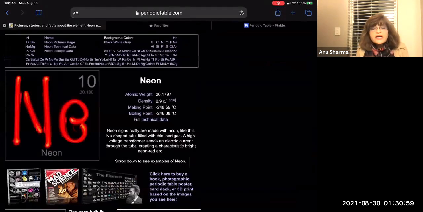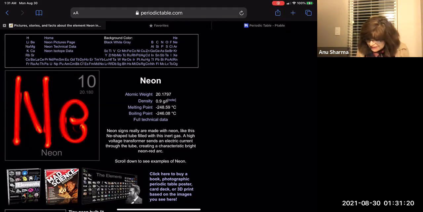Next, let's say, for example, elements like neon. If you pass electrical current through neon gas, it gives you a bright red glow. So this is used in advertising signs, right? Its atomic weight, that means the weight of the smallest particle of which neon is made up, is 20 atomic mass units.